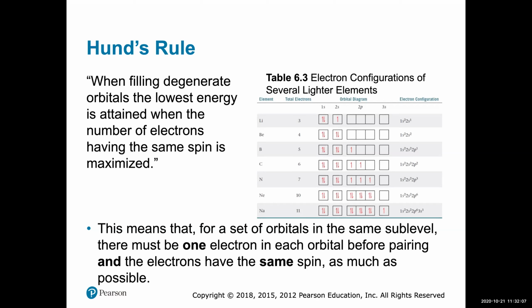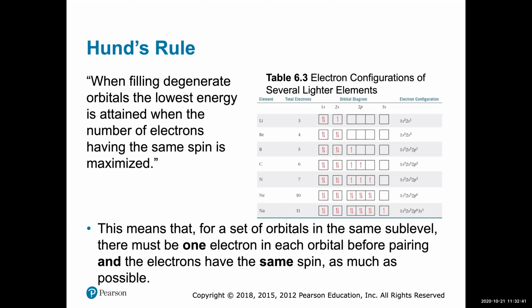In other words, when you're filling a level, you first fill all one spin, all of them going up. Then once you fill that, you start adding in the next set, where some go down. So before you start pairing up electrons, you have to fill up each of the orbitals before pairing them.